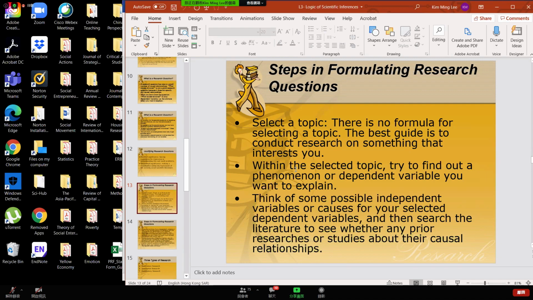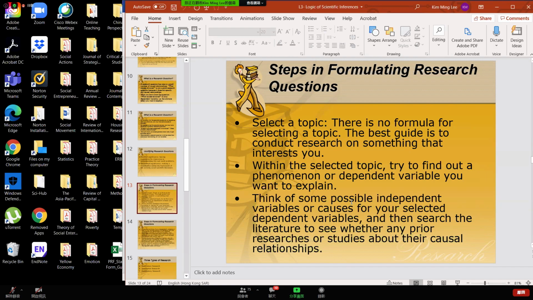After selecting the topic, you try to find out a phenomenon or dependent variable you want to explain. That means you want to study marriage as the biggest topic, and then within marriage, you want to study divorce. Okay, that is your ultimate dependent variable, and try to think of some possible independent variables. You can do it by just thinking about that, or you can do some literature review to find out the possible independent variables.